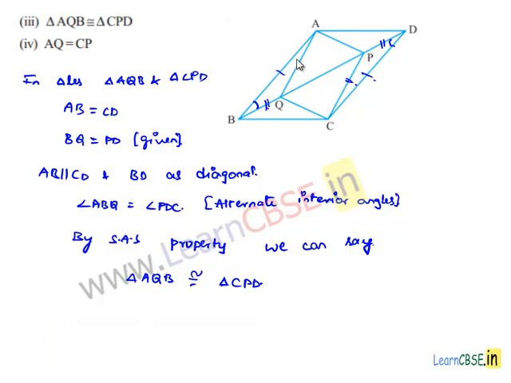So here CP will be equal to AQ. This is for the fourth subpart of the proof required for us. Here also we can equate the two corresponding angles, that is angle AQB is equal to angle CPD.